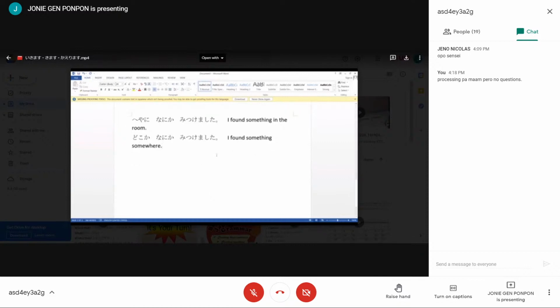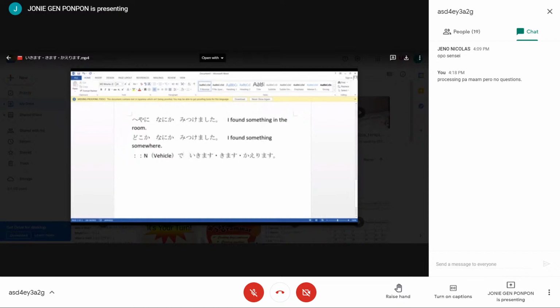Okay, next sentence pattern. We have your noun is a vehicle. Okay, if your noun is a vehicle, then you will use the ikimasu and kaerimasu. The particle used here is de.